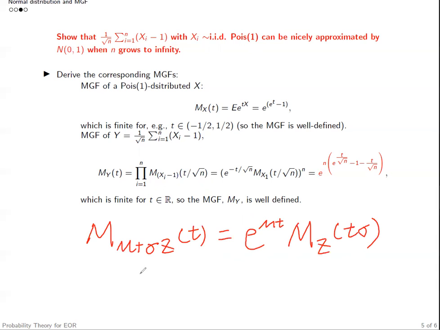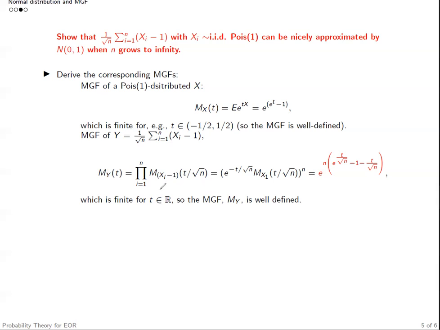Here, apparently, we have xi times 1 plus minus 1, so we plug in minus 1 for mu, and the t here is t over square root n, which gives this term. And sigma equals 1 here, so this is t over square root n.